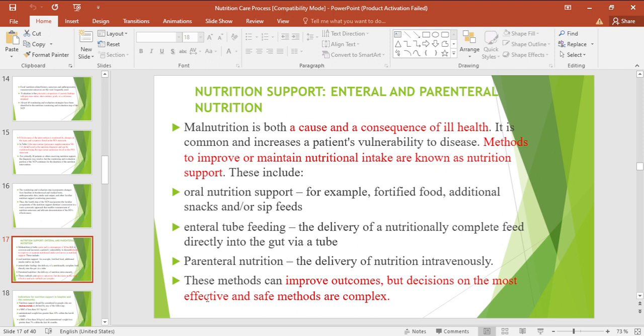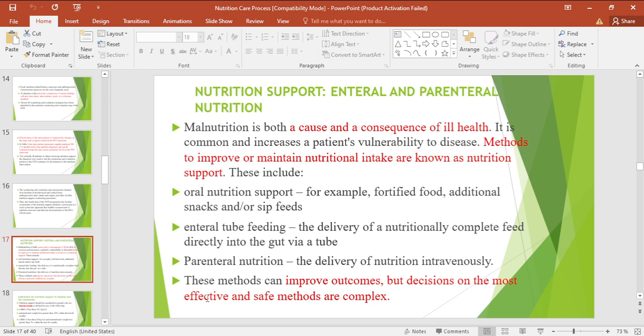So nutrition support involves both parenteral and enteral nutrition. And malnutrition is both a cause and a consequence of ill health. It is common and it also increases a patient's vulnerability to disease. There are various methods to improve the nutrition status, and this is known as nutrition support. Nutrition support can be in the form of oral nutrition support, for example, giving the patient fortified food, additional snacks, or sip feeds.